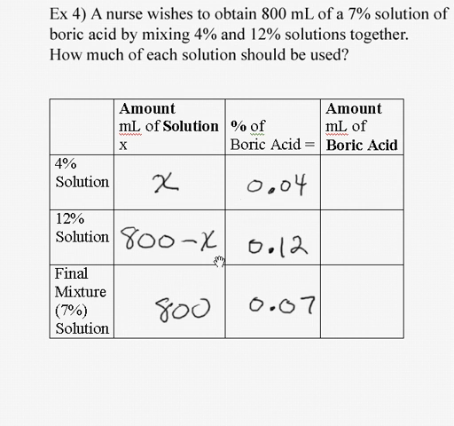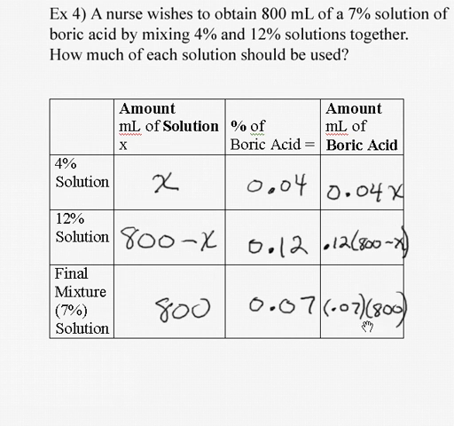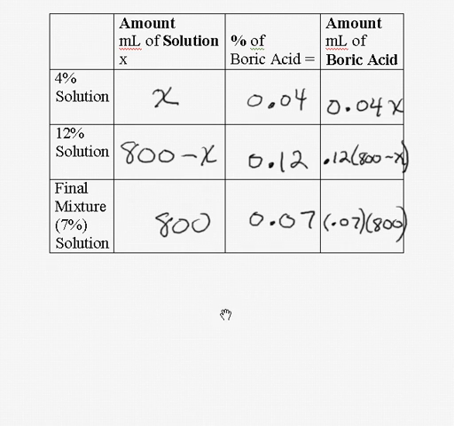And if we multiply these together, that'll give us the milliliters of boric acid in each solution. So what we have here is 0.04 times x. We have the 0.12 distributed to the 800 minus x. And we have the 0.07 times the 800. Now we've got our chart.